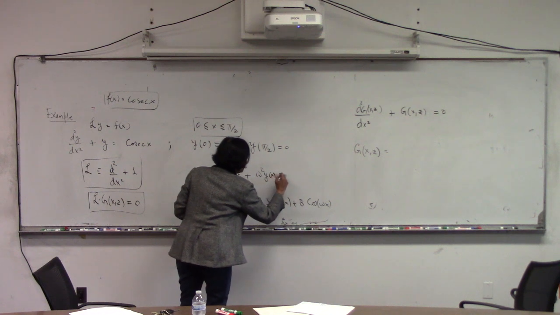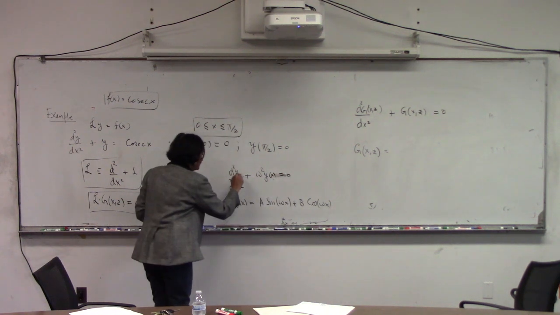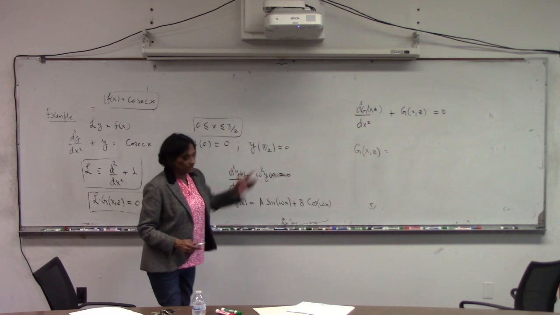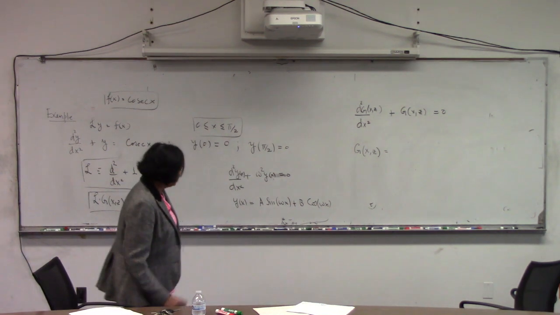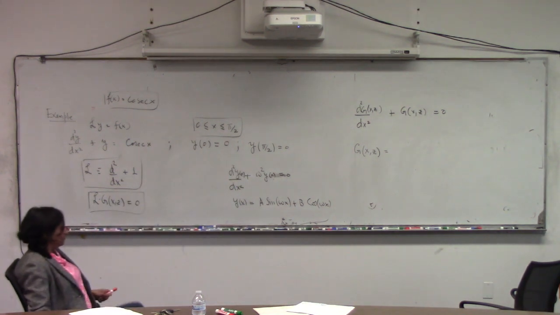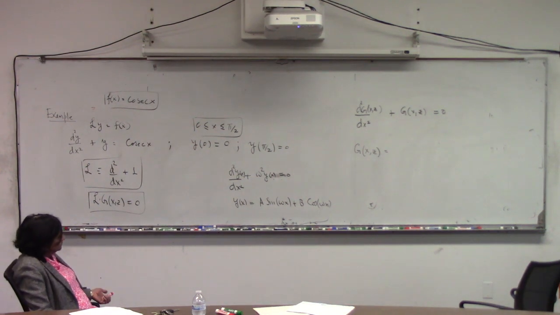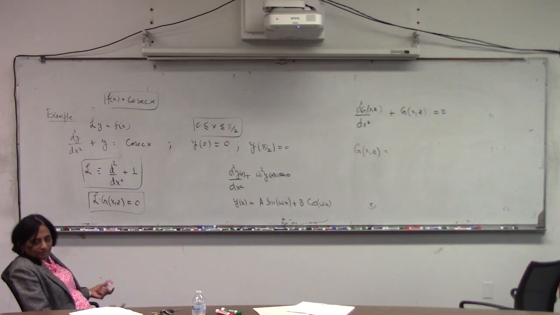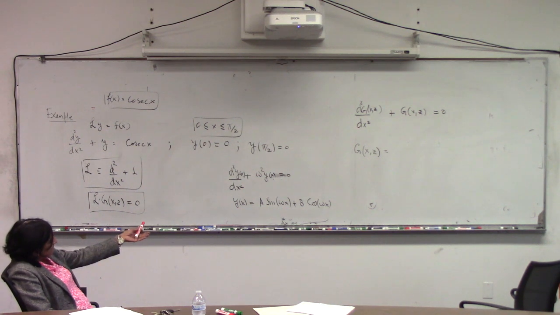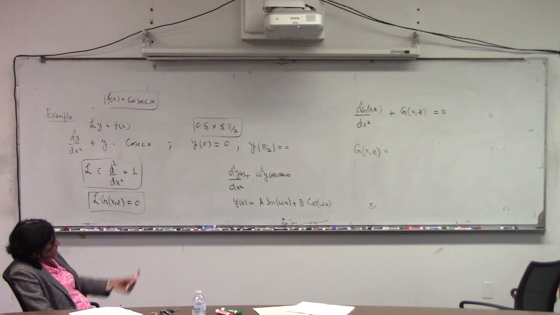So here it's a function of one variable. Now I have g as a function of two variables, x and z. So what modification should I do? Otherwise, the differential equation looks like whatever we have come across. The relation between x and z can be anything. What is the simplest extension of this equation to get a solution?